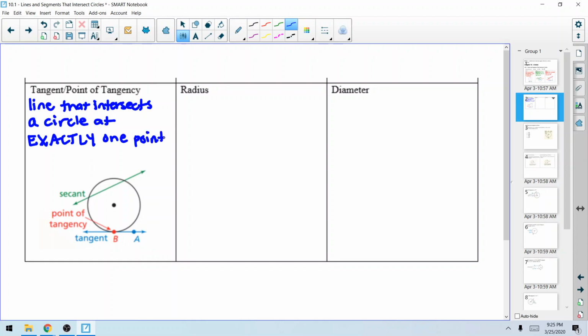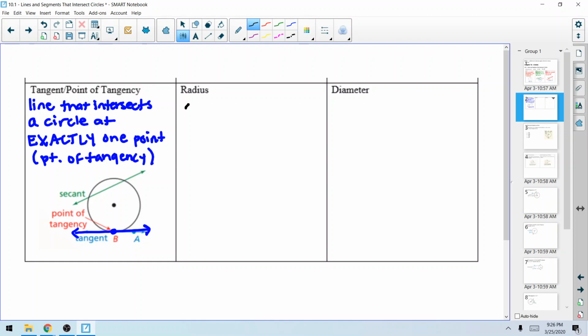And that 1 point that it intersects at is called the point of tangency. So if we're taking a look at our tangent line right here would be BA, because it's only going to hit right there at point B, and then point B is the one place it hits. That's your point of tangency.